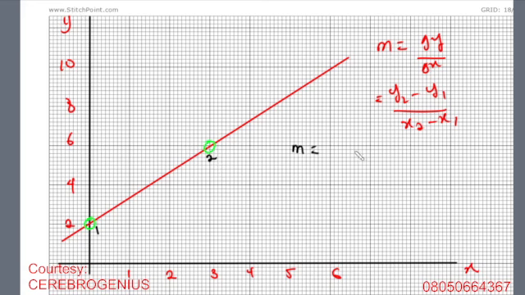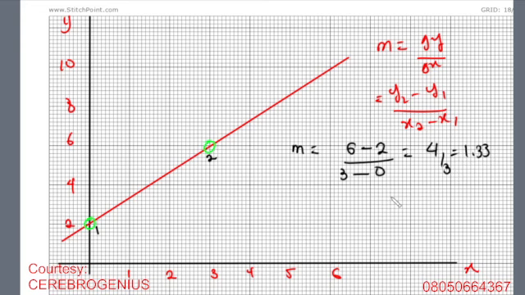That will be 6, minus our y1, you come to this first point, that's 2, divided by our x2, you come back to this point, that's 3, minus our x1, you trace it down horizontally, that's 0. So that means that our slope is what? 4 over 3, which is 1.33.